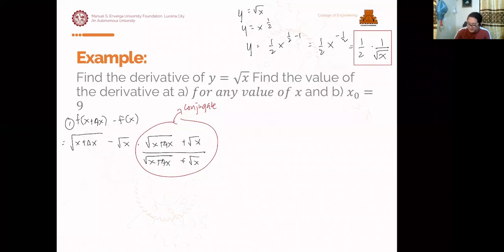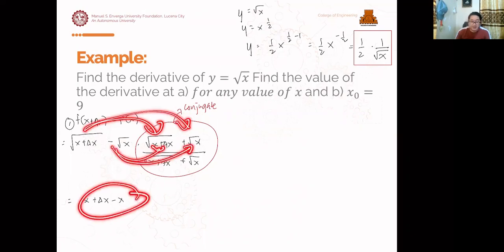Okay? And pag sinimplify natin yan, so yung numerator, since minus yan, magka-cancel out lang yan. Pag sinimplify, that will be x plus delta x minus x. Okay? So, itry nyo na lang i-distribute isa-isa, no? Kung nalilito pa. And kapag chinek nyo, ito lang din yung magiging final answer nyo.